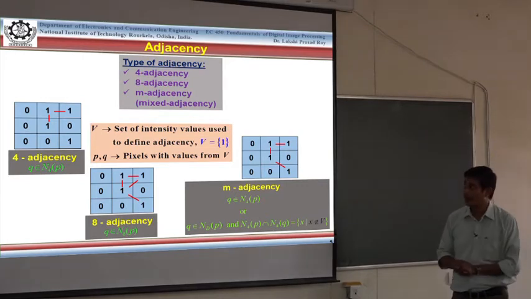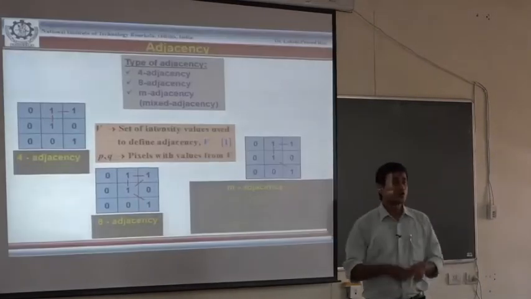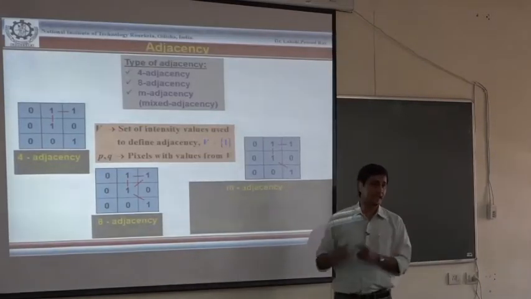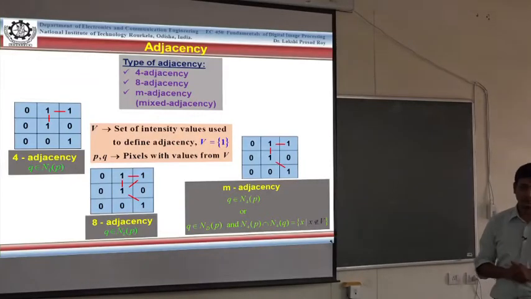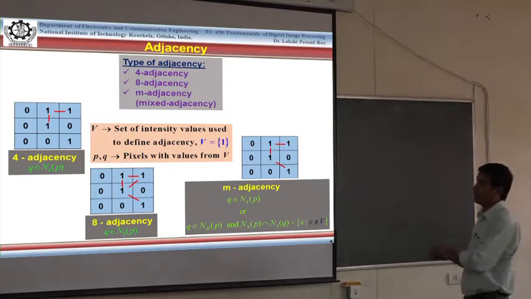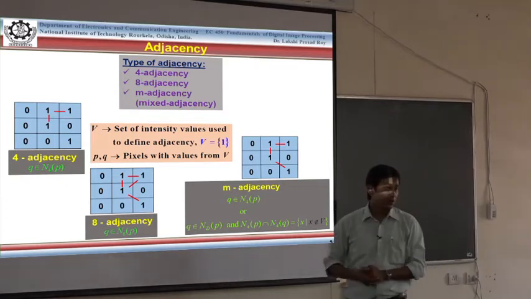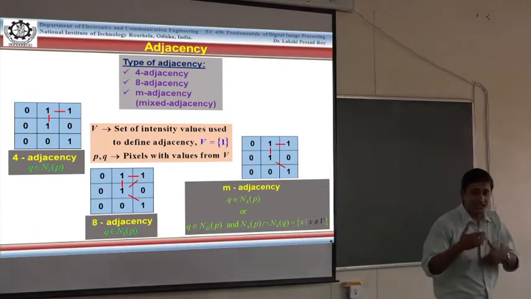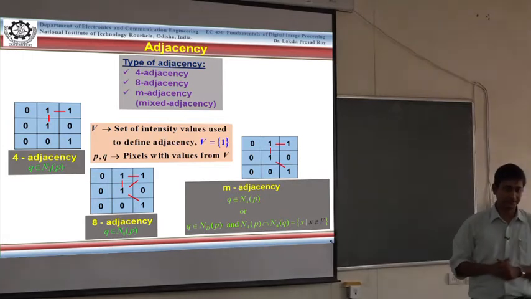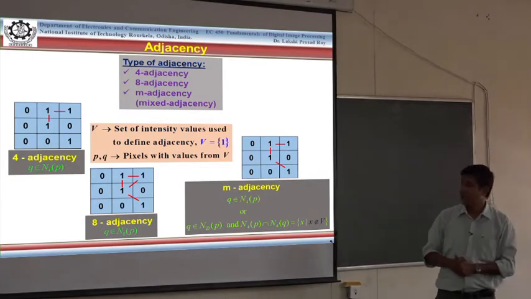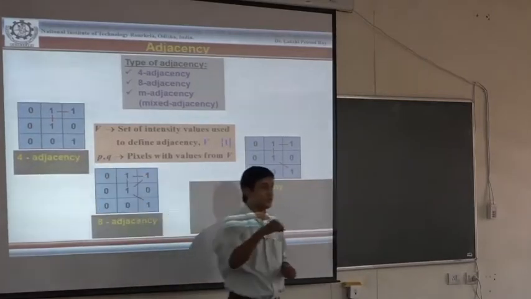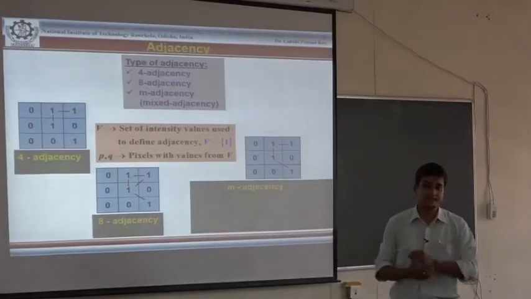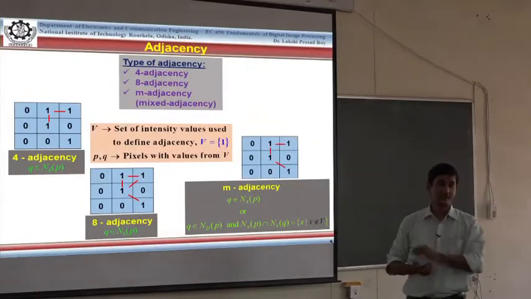Fine. Now, the most important part of this slide is this one, because I am talking about adjacency, where I need to get a relationship between the pixels. Say I have a pixel at the center here with respect to which I will be finding the adjacencies, which may be 4 or maybe 8.